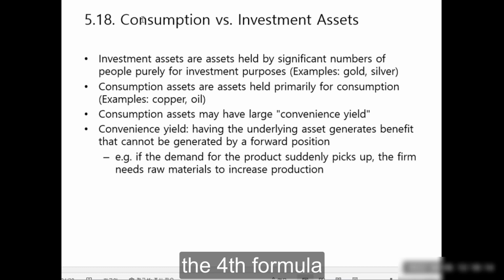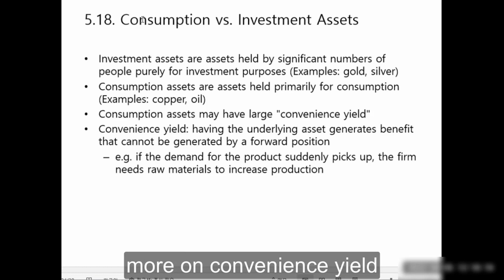So when we think about convenience yield, it is necessary to distinguish these two types of commodities. For some commodities, convenience yield is important. For some other commodities, convenience yield is not important, and that's why we make this distinction. For certain commodities, some assets, convenience yield is not important, so we will call them investment assets.